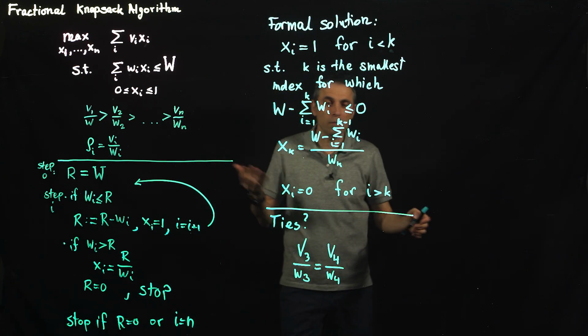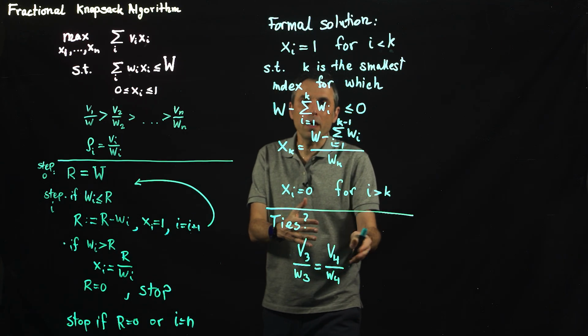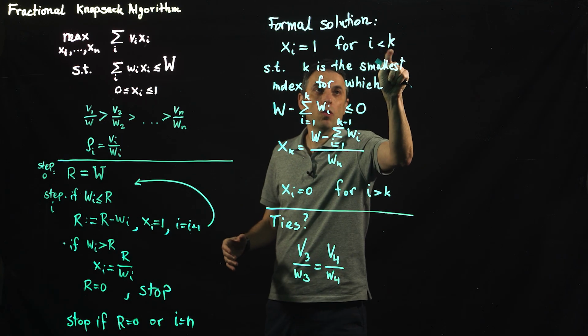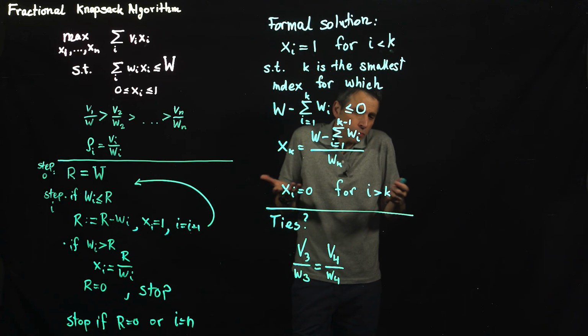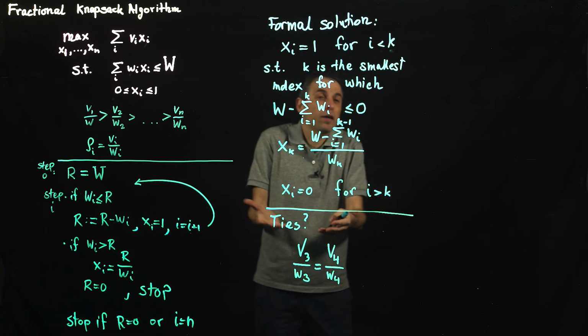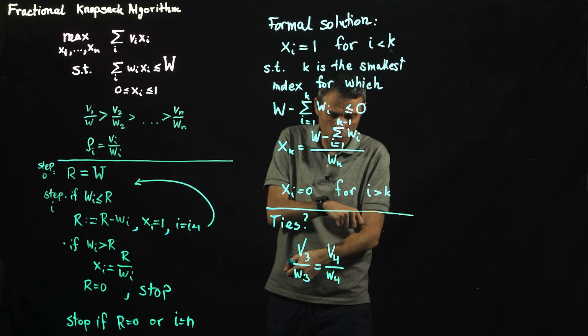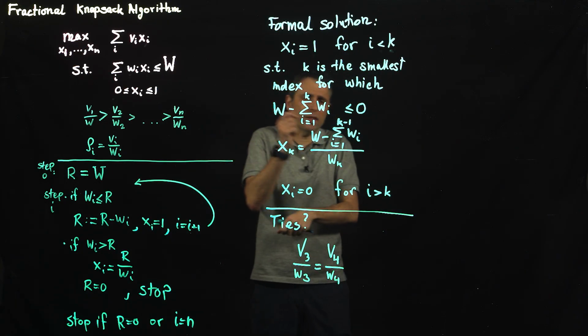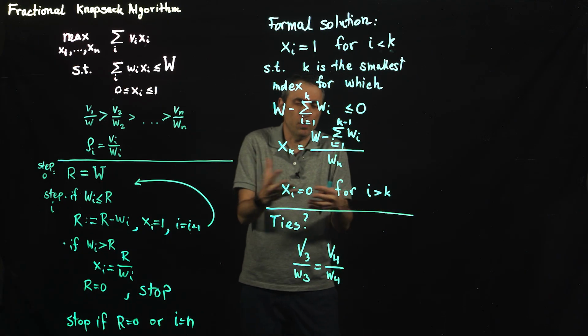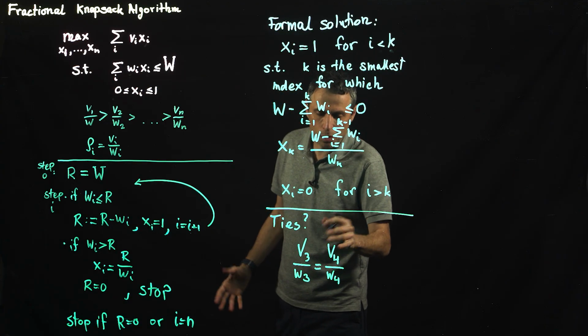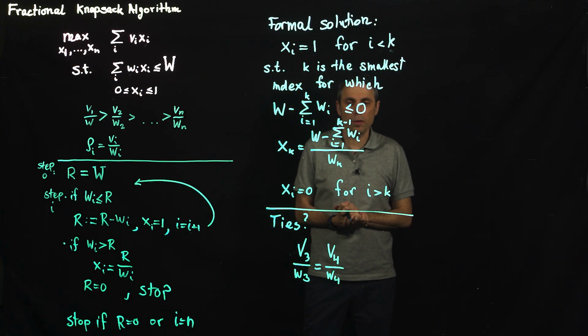If that equality happens strictly lower than this k, then again it doesn't matter. We will take both of them, whether we decided to take 3 first and then 4, or 4 first and then 3. It's only naming of the items, so ties are not a problem.